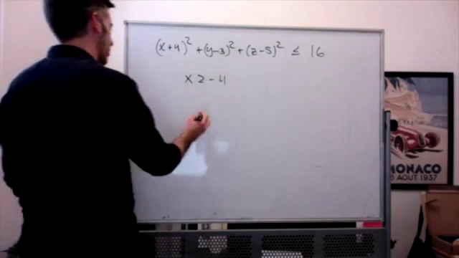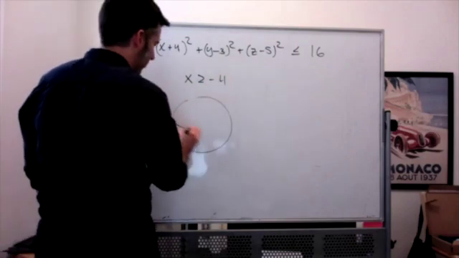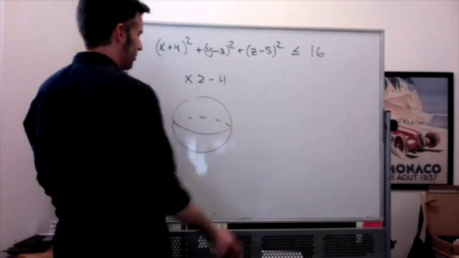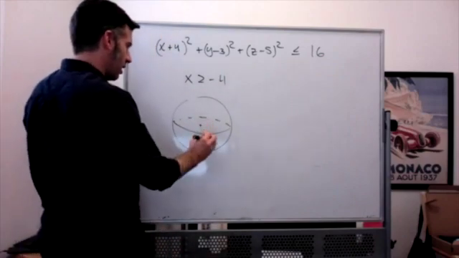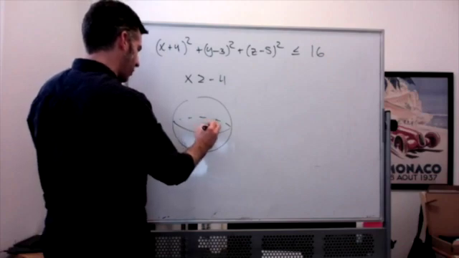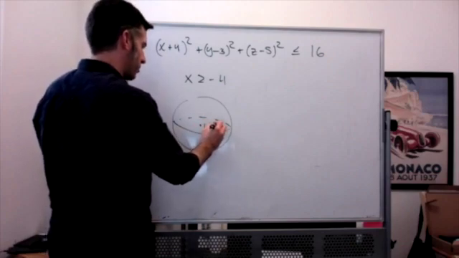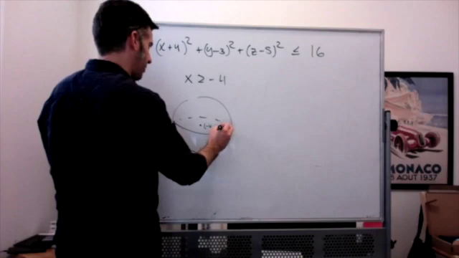So there's a sphere. Great, I can draw a circle and then make it look like it's a sphere. And then here's the center, where x is -4, y is 3, z is 5.